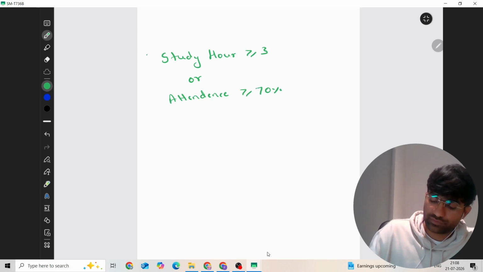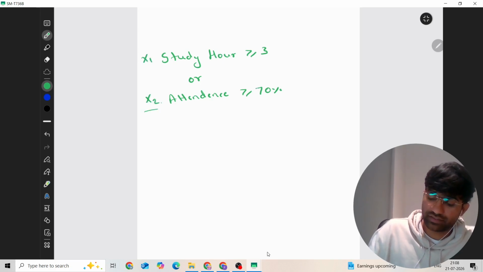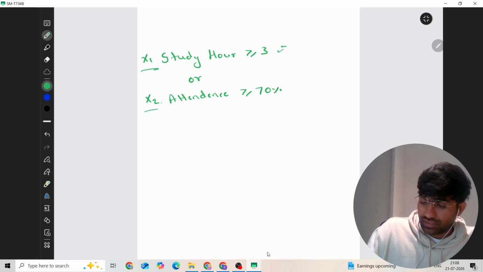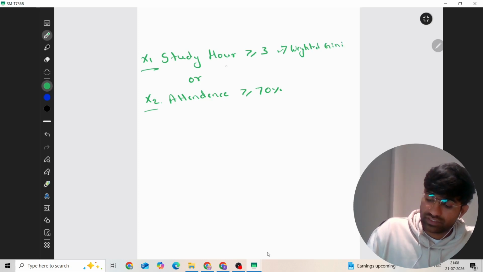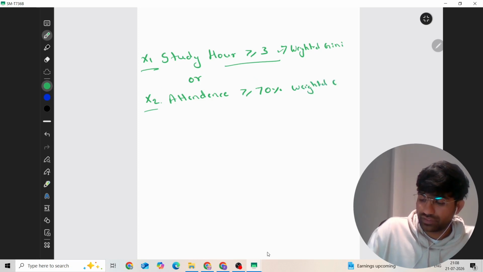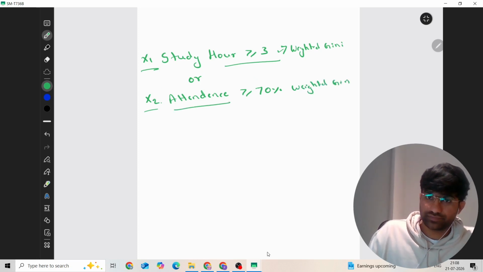These are my x1 and x2 in the data, right? I have to calculate the weighted Gini for this feature and weighted Gini for attendance feature.